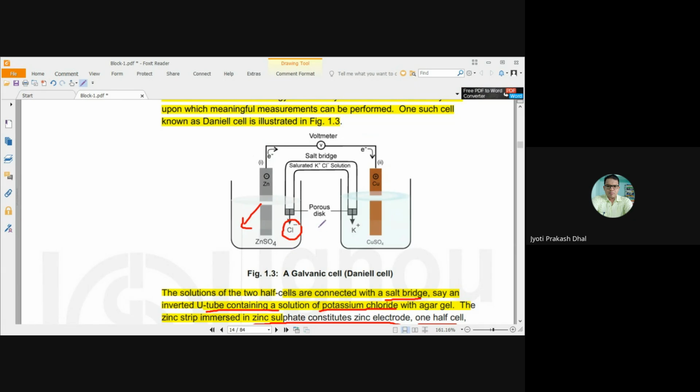And similarly on the right hand side, the concentration of SO4 2- ion will increase, because Cu2+ ions from the solution will deposit on the surface of the copper, and they will absorb two electrons to form copper metal. So in the solution, the concentration of Cu2+ ion decreases. Now in order to electrically balance, K+ ion from the salt bridge will be liberated to the solution.